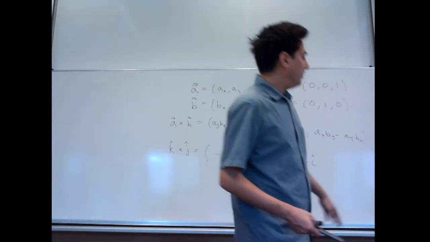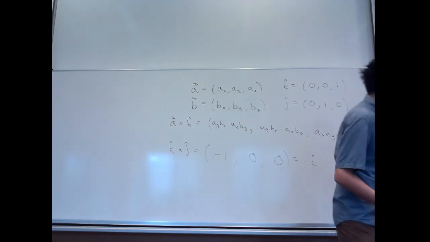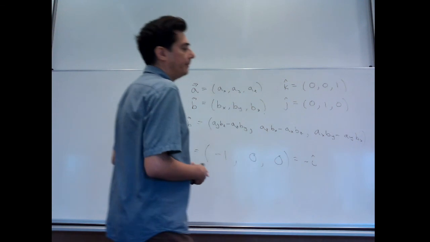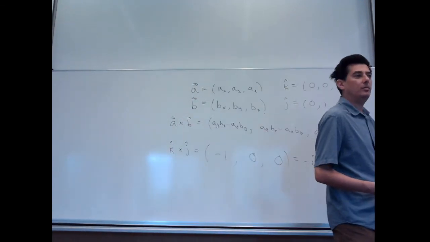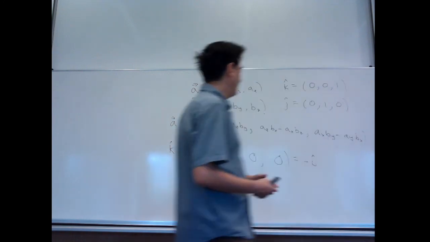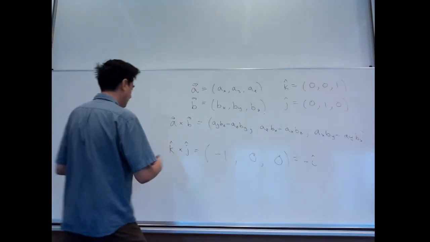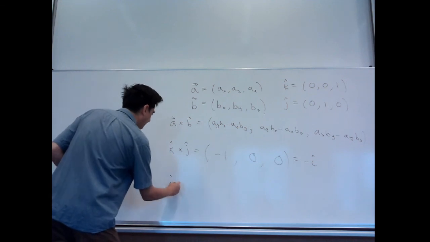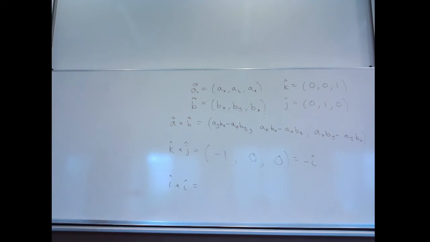Likewise here too, so k times i is j, or i times k is minus j. Now what if you get two of the same vectors? Then it will be 0, and again, you can convince yourself of that by just explicitly working this out.